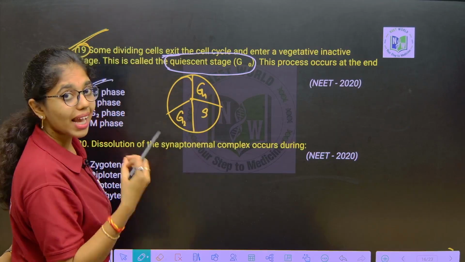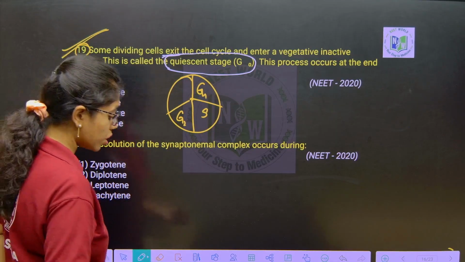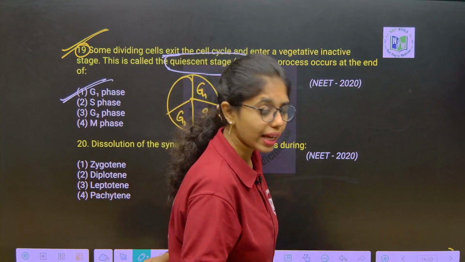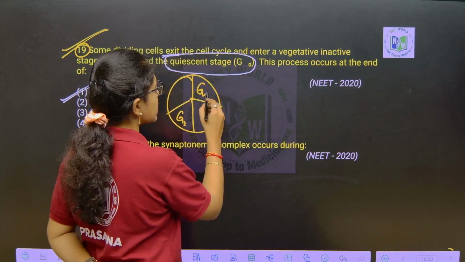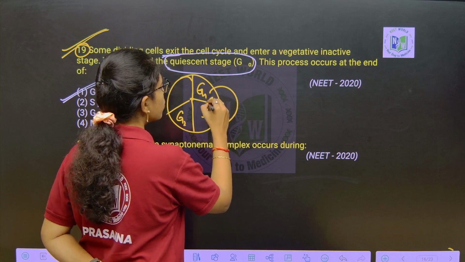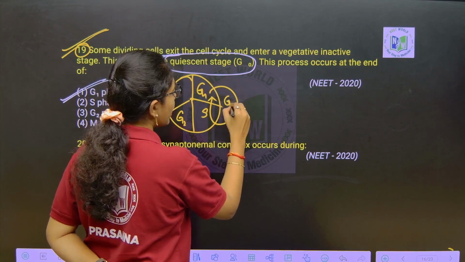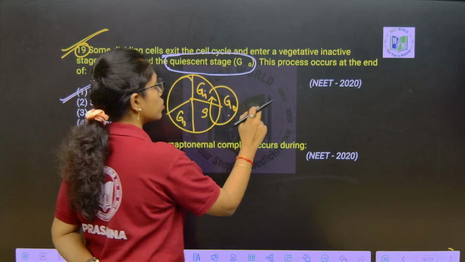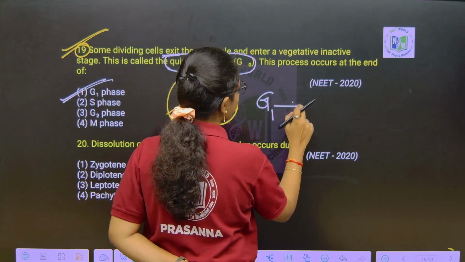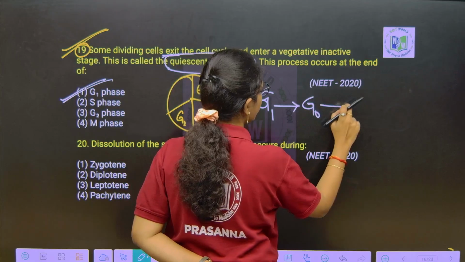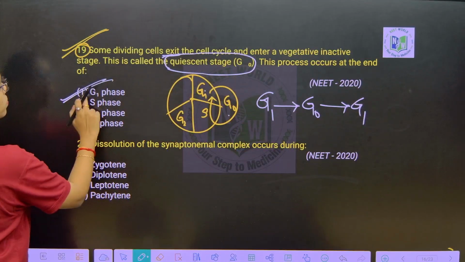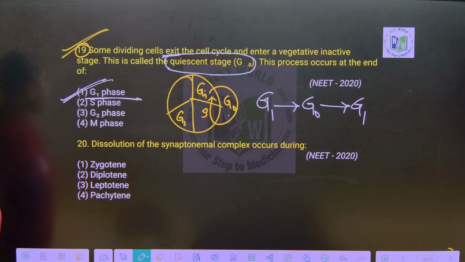Cells like nerve cells and heart cells, which rarely divide, escape the cell cycle from G1 to G0, and they can come back to the cell cycle again from G0 to G1. So it is from G1 to G0 to G1 again. This is from G1, so option 1 is the right answer.